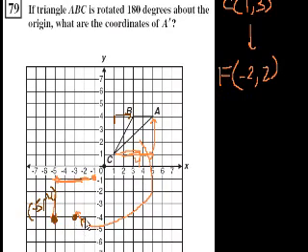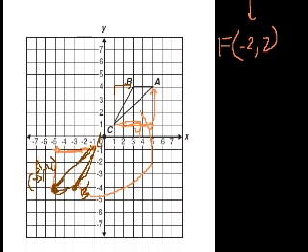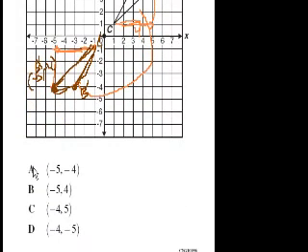Okay, it'd be there. So that's the new B. And that looks right. That's what the triangle is going to look like. This is B prime, this is A prime, this is C prime. This is the new triangle when you rotate it 180 degrees. That was a challenging visualization problem, but the key thing is just to keep visualizing going around 180 degrees. So (-5, -4), that's choice A for A prime.